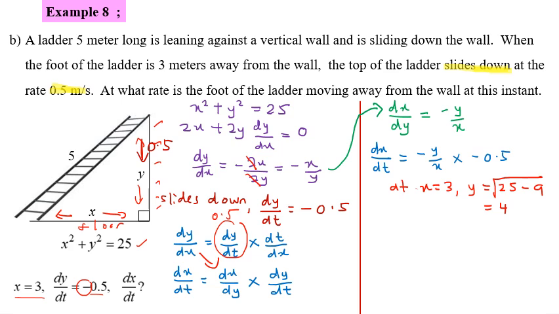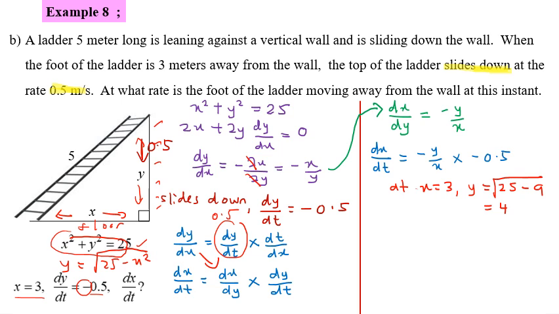So remember, this is the original equation: x squared plus y squared equals 25. So we rearrange. y would be the square root of 25 minus x squared. Okay. So x is 3, so x squared is 9. So we know the square root of 16 is 4.